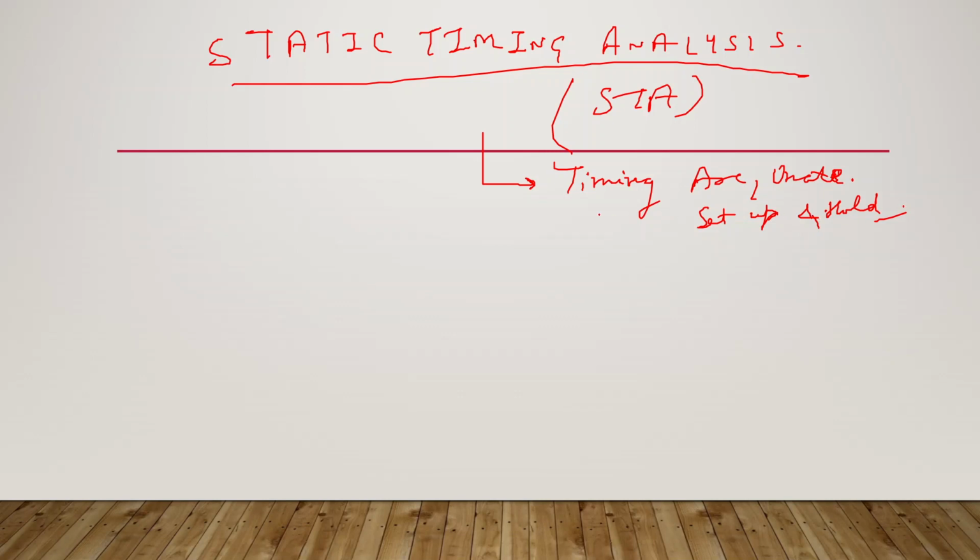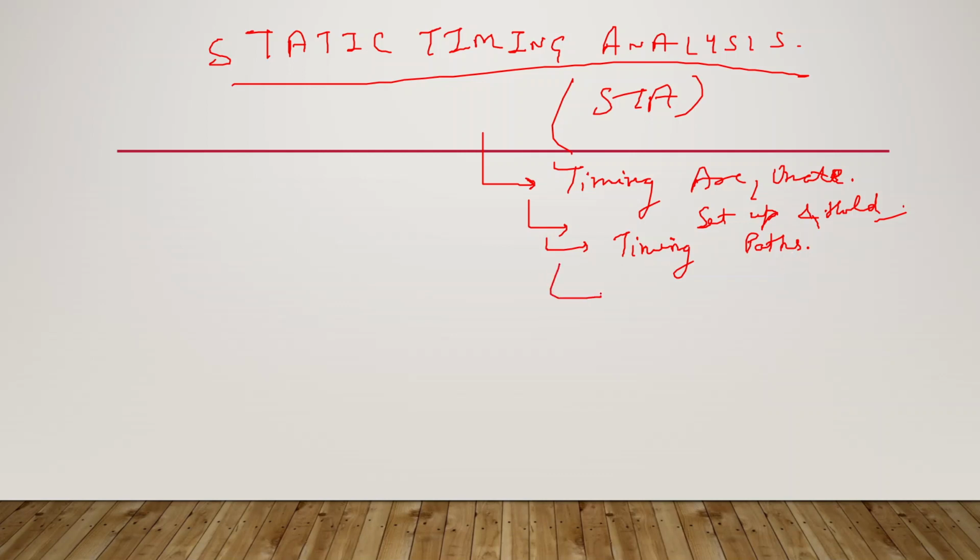In the basics, I'm going to cover the different timing paths. All the paths should be covered. Basically we have 4 types of path, but I will cover multi-cycle path, false path, everything in these timing paths.